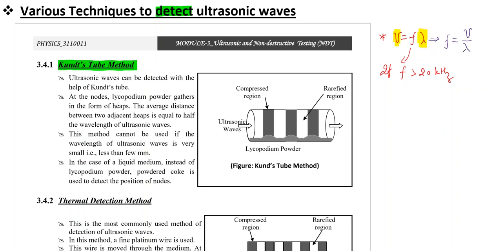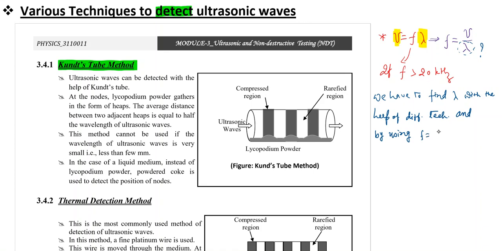So in all the techniques, you see that there is the calculation of lambda. We have to find lambda with the help of different techniques, and by using F equal to V by lambda, we can find the frequency.